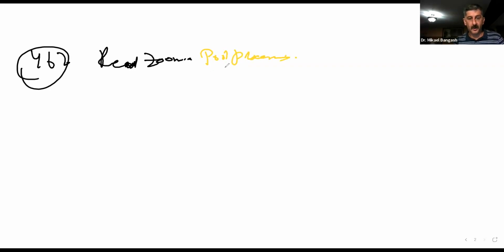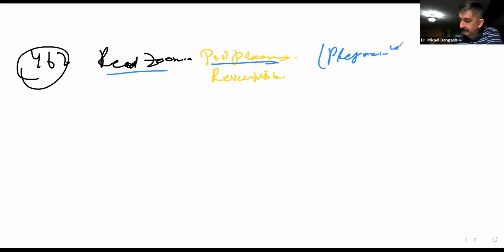Since it was post-processing, it was reversible. Now let's see. Pre-processing functioning of the receiver. That's not true. So here we have the option, because read zoom was post-processing. It was not pre-processing.